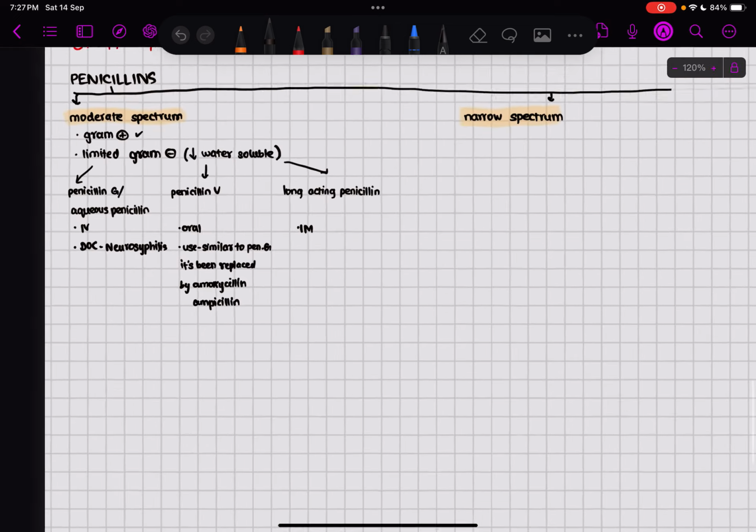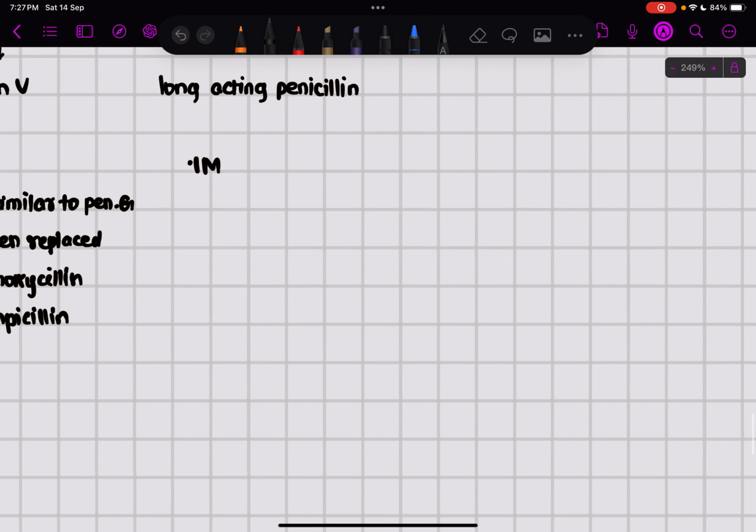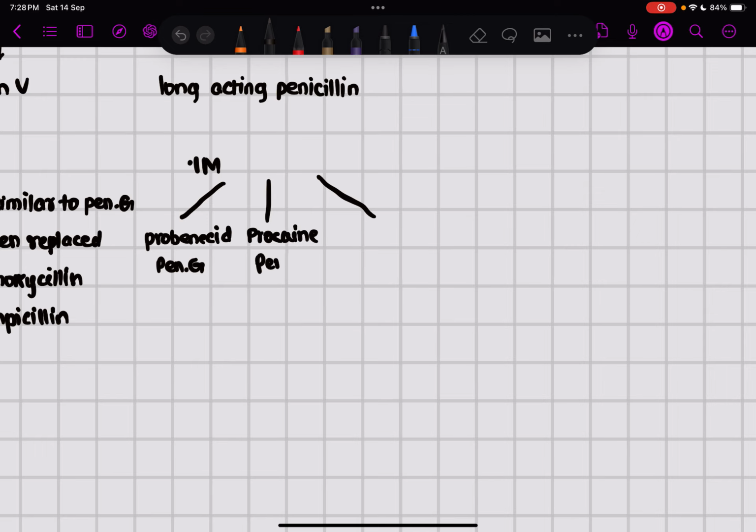The drugs under long-acting penicillin are probenecid penicillin G, procaine penicillin G, and benzathine penicillin G.